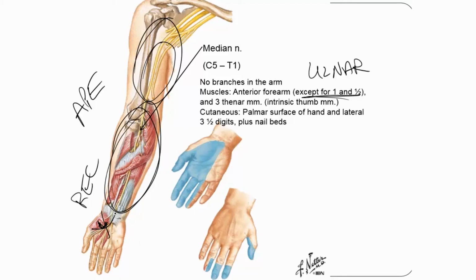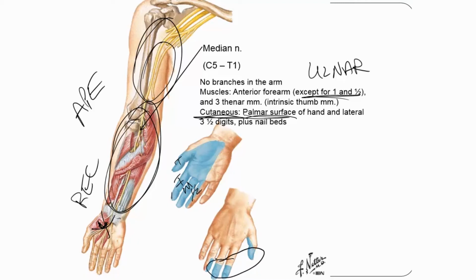The cutaneous portion of the median nerve will be on the palmar surface of the hand. Again, the lateral 3.5, so the thumb, the index finger, the middle finger, and half of the ring finger. And the other thing about it is it will send branches that go around so that they get the nail bed of those same digits.